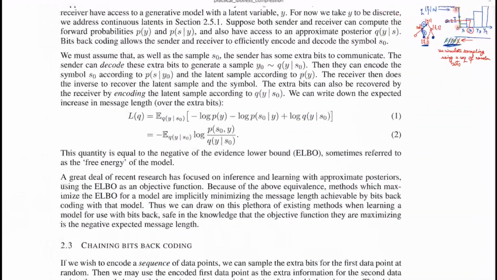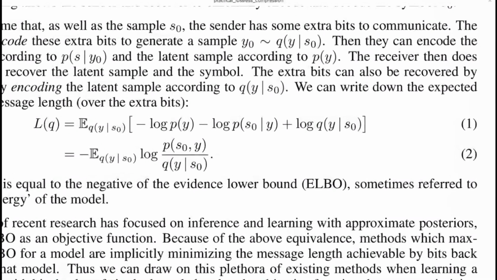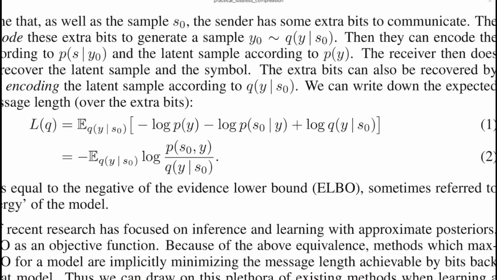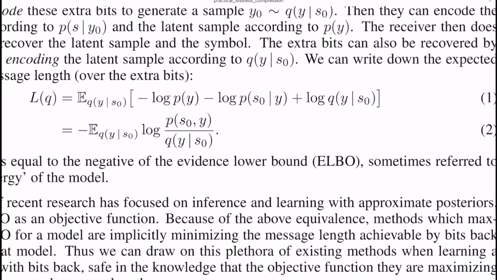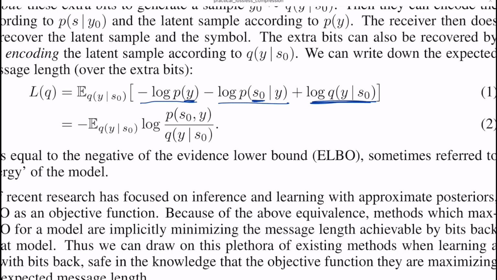But how is it actually implemented? So the first thing is to notice, to look at what we said and see that it's identical to an autoencoder. So we send this number of bits to encode Y. We send this number of bits to encode our actual image, and we'll get back this once.